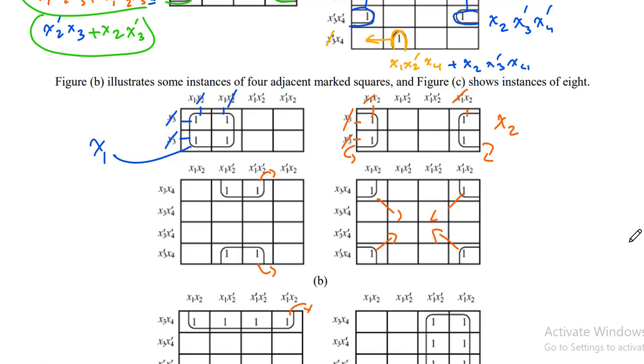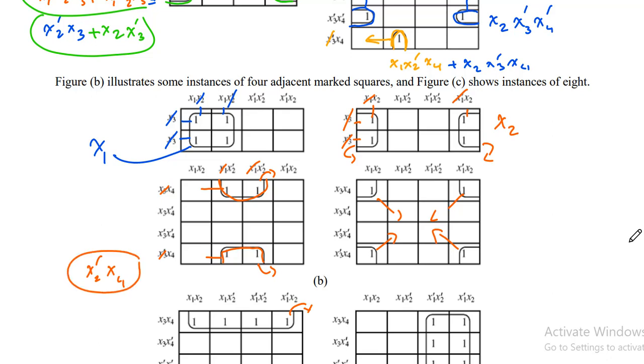Similarly, this one here, this group of 4 with this group of 4. So look vertically, what's going to change? What's changing is x1. What's left is x2 not. Then you look horizontally and see what's changing is x3 not, and then x4 stays. So the whole thing becomes this expression.